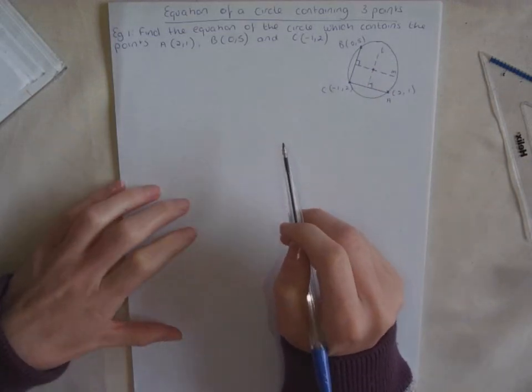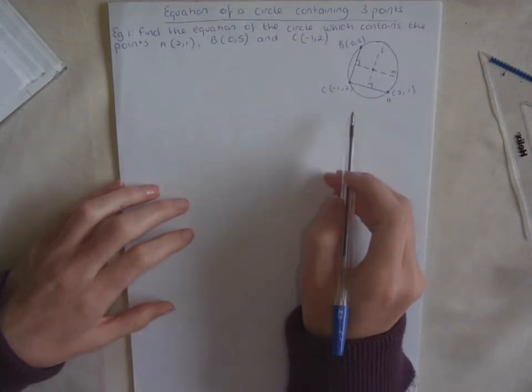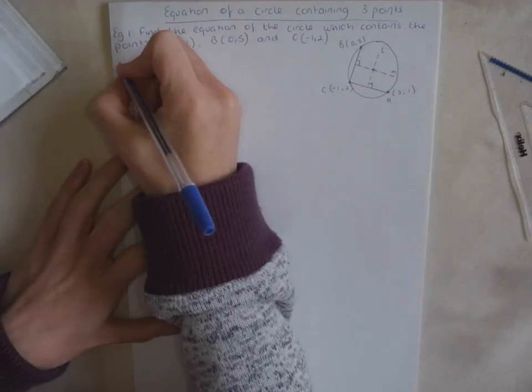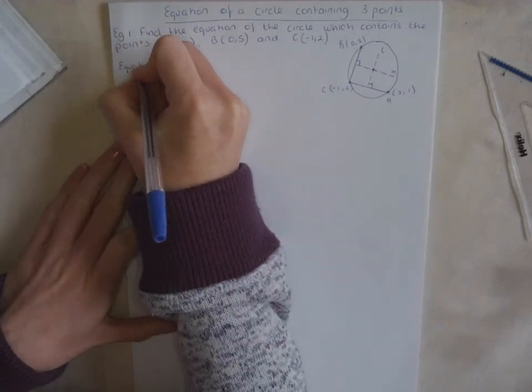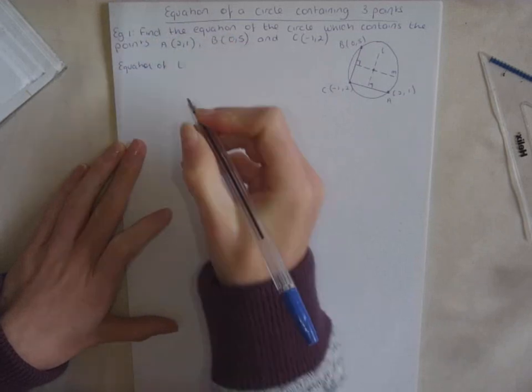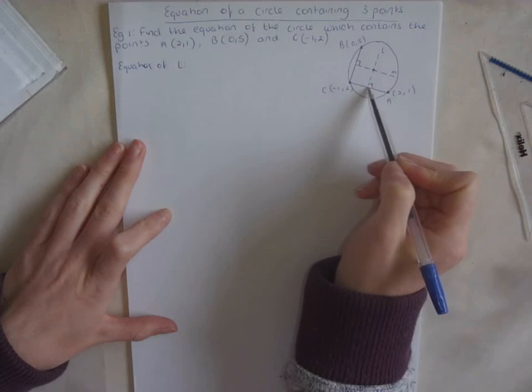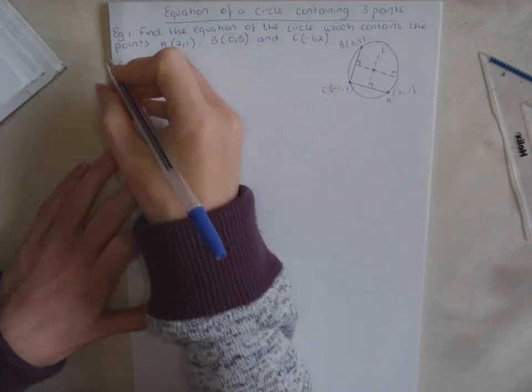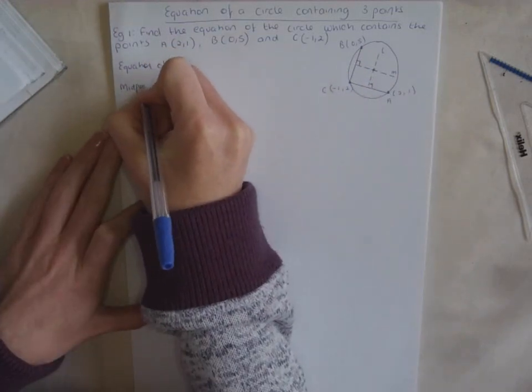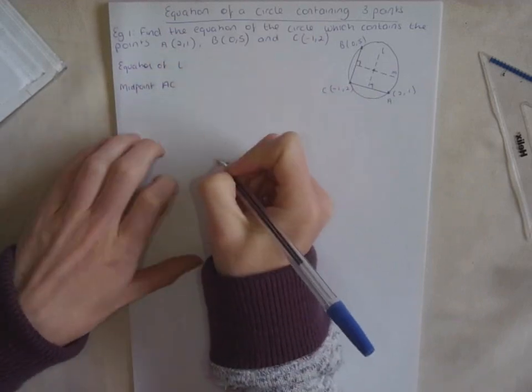Okay, so first of all, we're going to find L. So it is a line, so it's the equation of L. In order to get the equation of L, I need to first find this point here. So I know that's the midpoint between A and C. So I need to get the midpoint of AC.